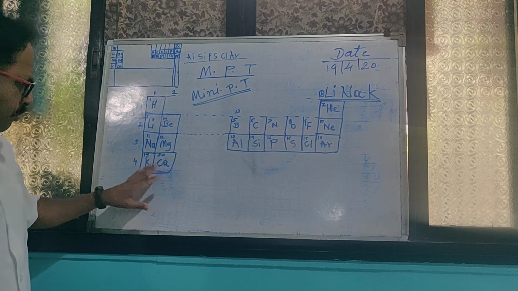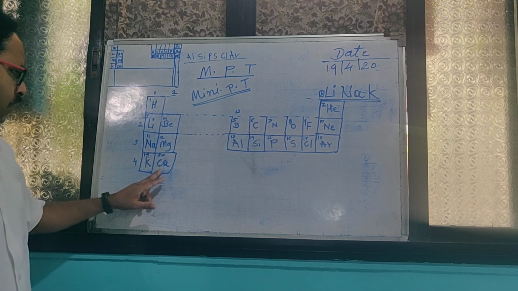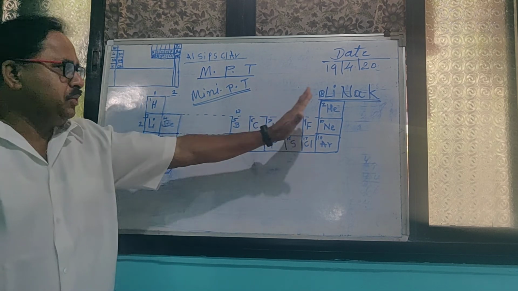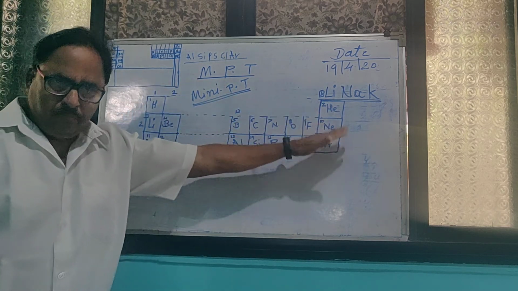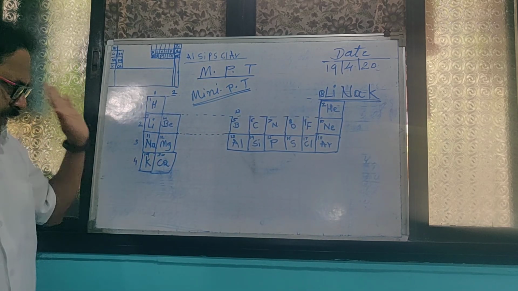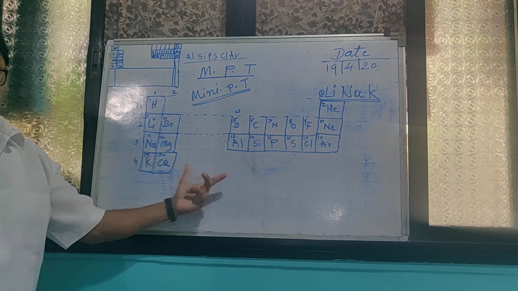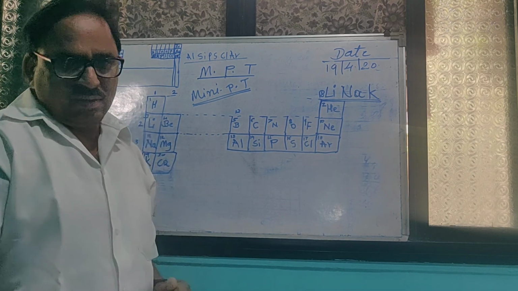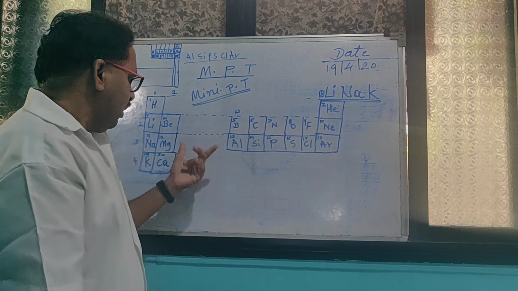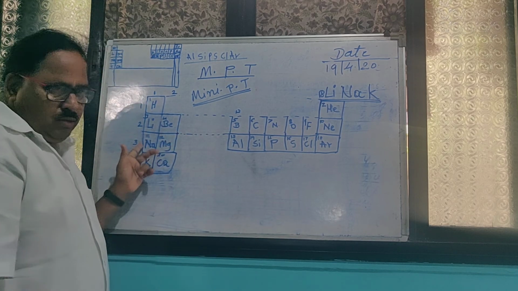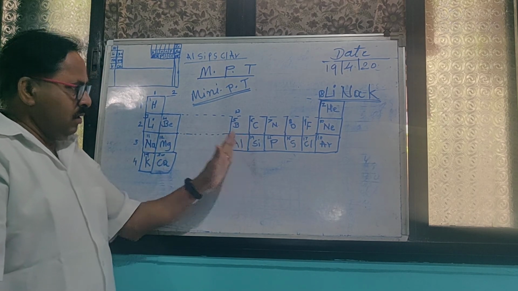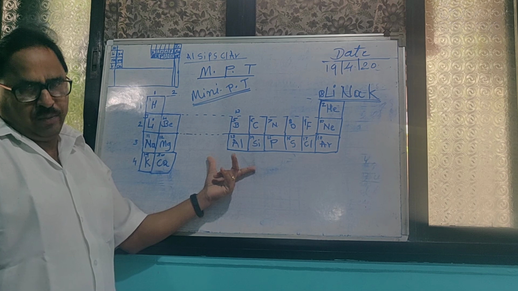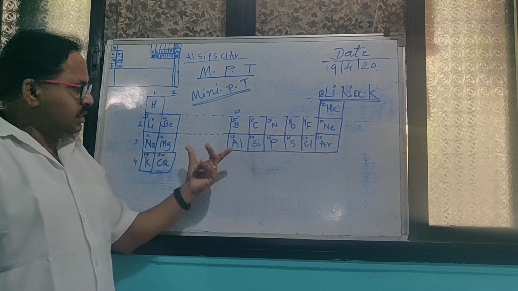You remember that up to calcium, you have to fill up this mini modern periodic table. Then we will see tomorrow in detail. It is very important to draw the structure in your book tomorrow, and then it is easy to study.